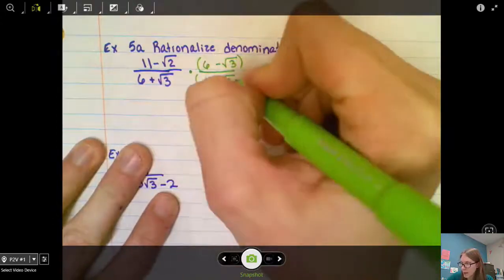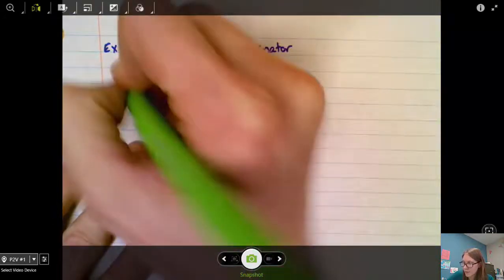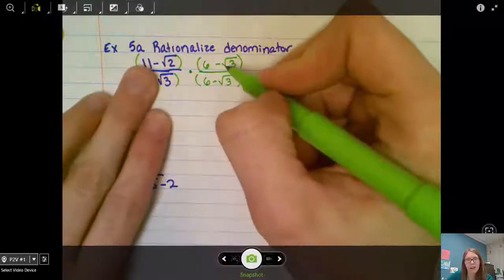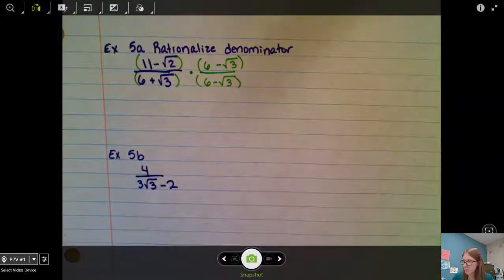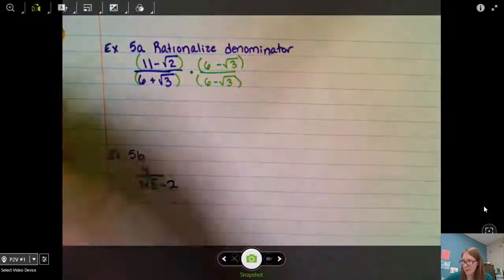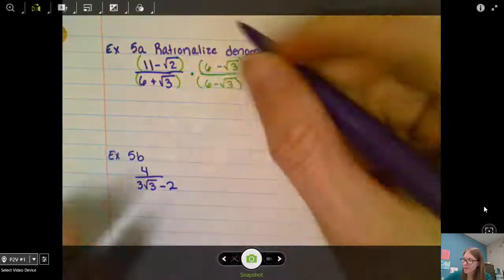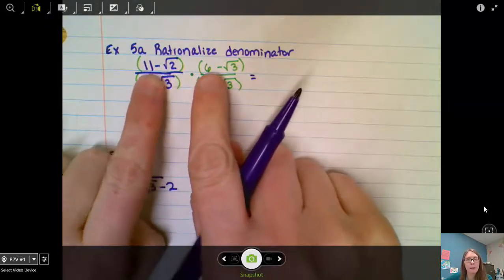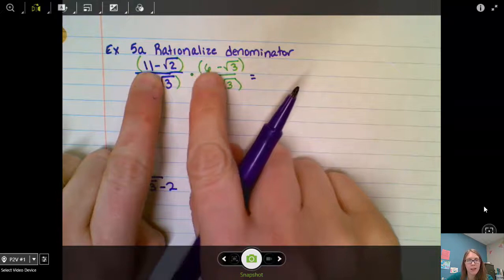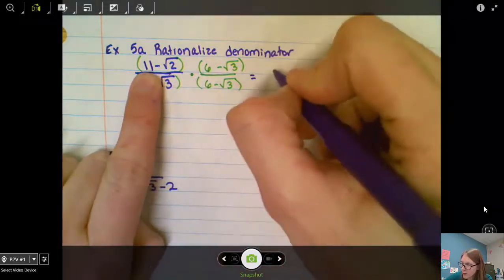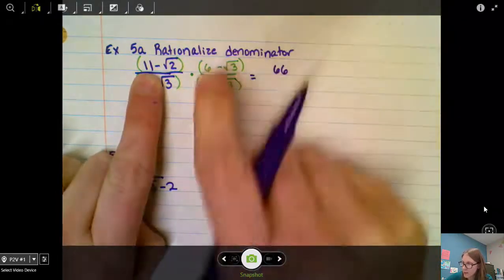Now when we do that, that means I have to FOIL the numerator and also the denominator. And here's what happens. On the top part here, if I multiply my numerators, 11 times 6 is 66.